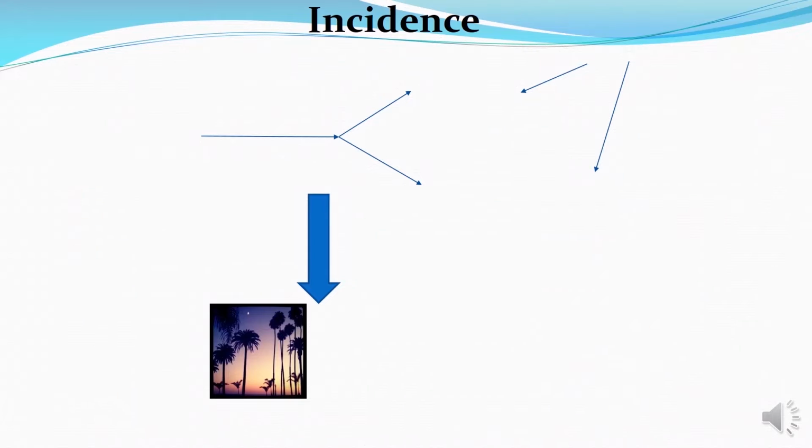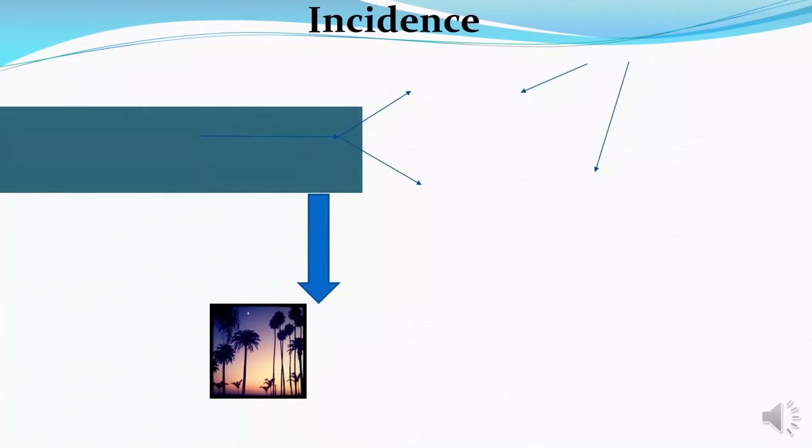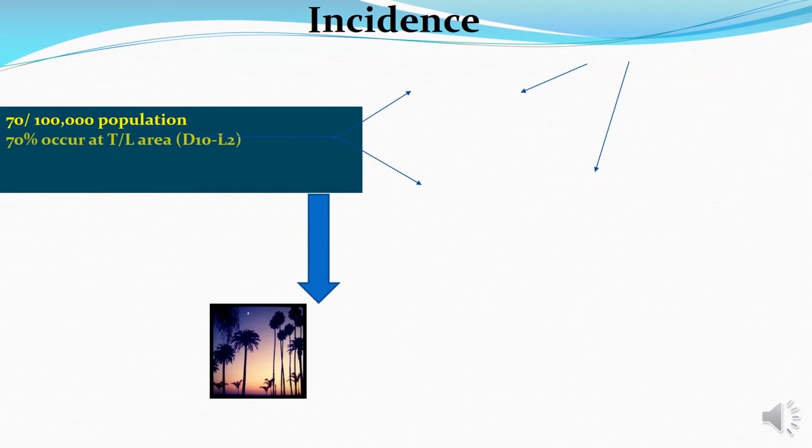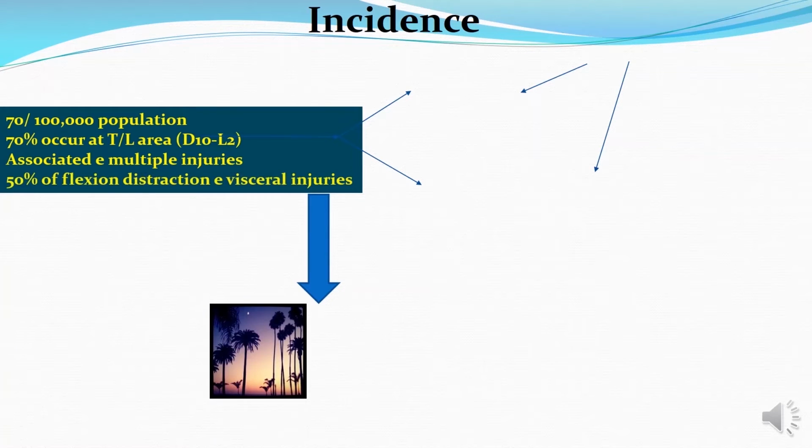So when we talk about the incidence of thoracic and lumbar spine injuries, fractures, it's 70 per 100,000 population. 70% of them occur at the thoracolumbar area between D10 and L2, usually associated with multiple injuries, and 50% of the flexion distraction injuries which occur at this area are usually associated with visceral injuries.